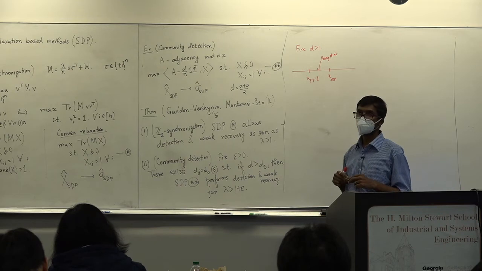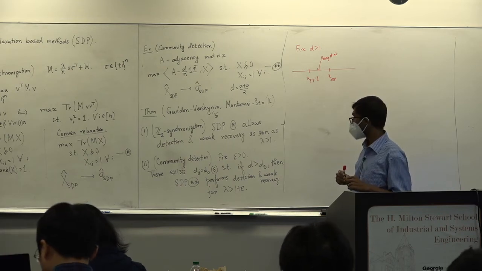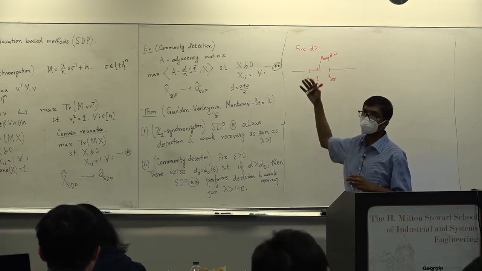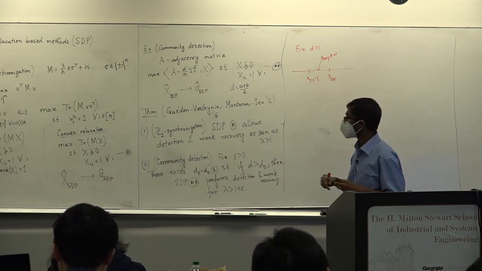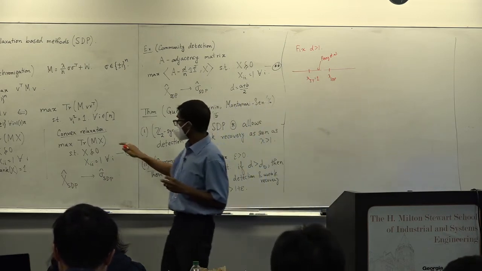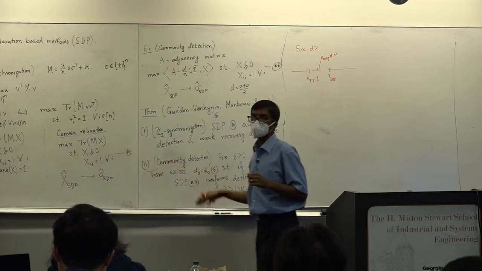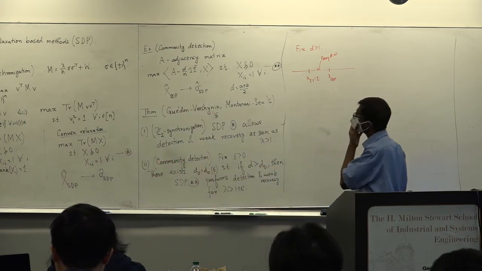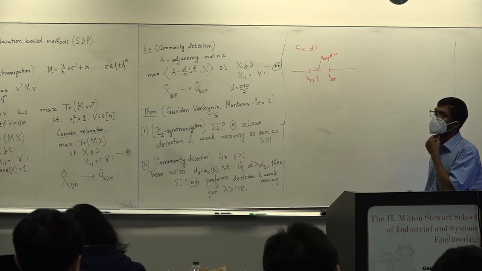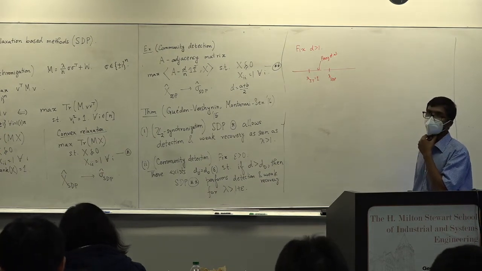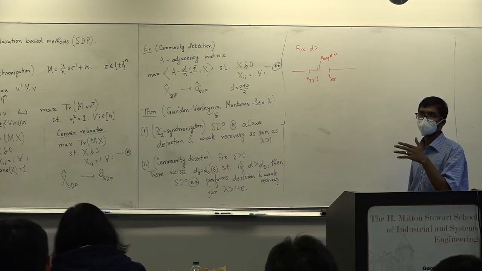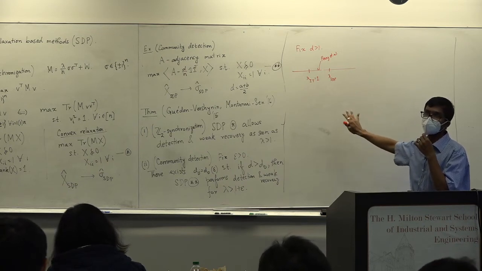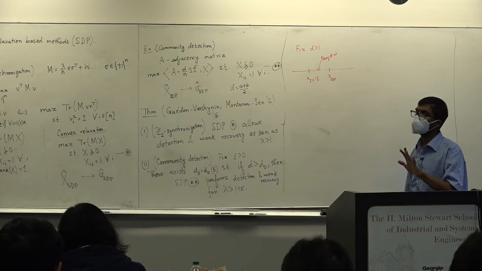There has been, of course, a lot of push in looking at higher levels of the SOS hierarchy and things like that in this context. I know those results more in the context of the Z2 synchronization type model. I'm not sure if those methods can break this barrier. I think these algorithms would still have the same degree of robustness, so this same lower bound might still rule them out. But I would have to check.